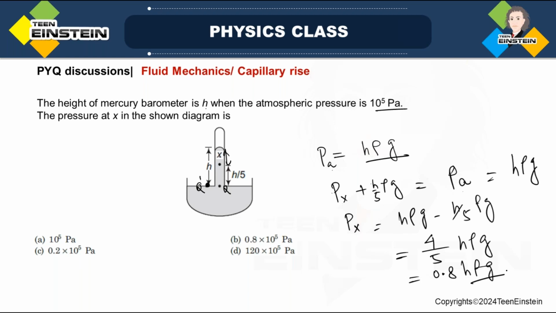So this is 0.8 into 10 to the power 5, in Pascal. So option B will be the correct answer for this question.